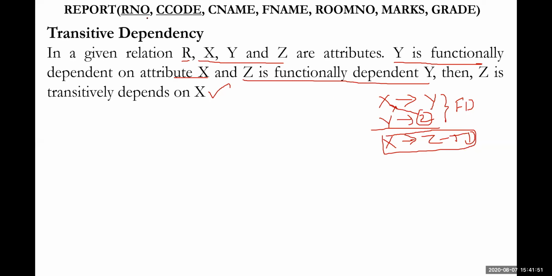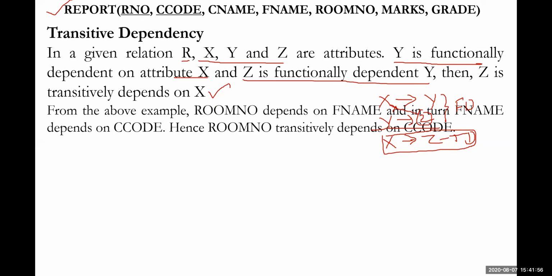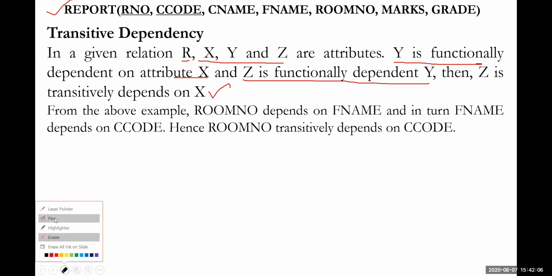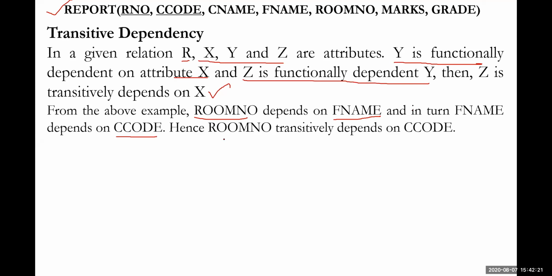As per our example, look at this, how it could be taken into consideration. Here you could consider that room number depends upon faculty name, and in turn faculty name depends upon course code. Therefore room number transitively depends upon course code.